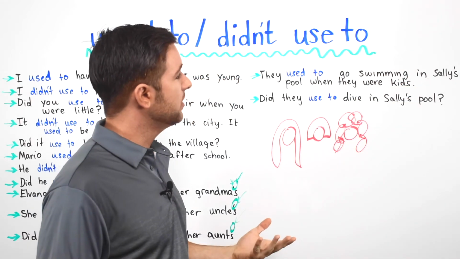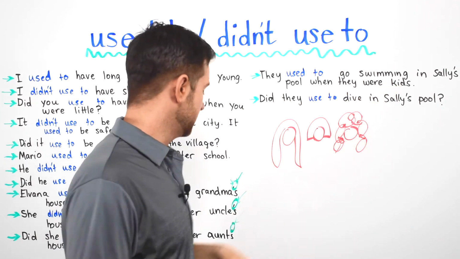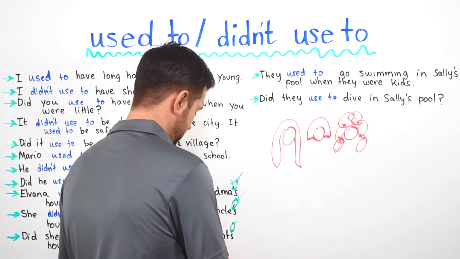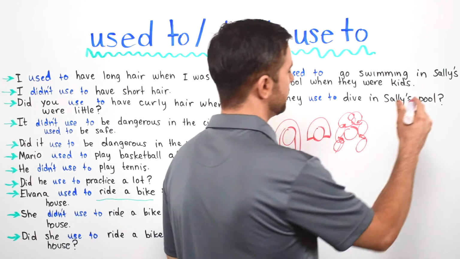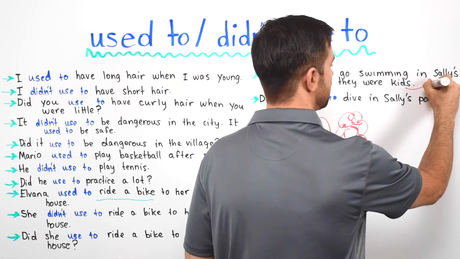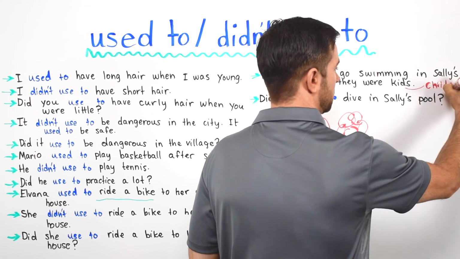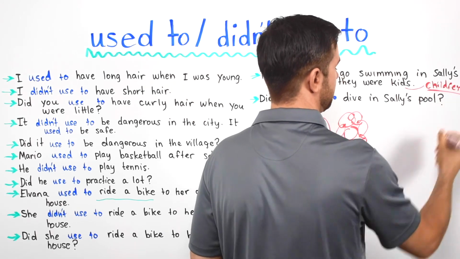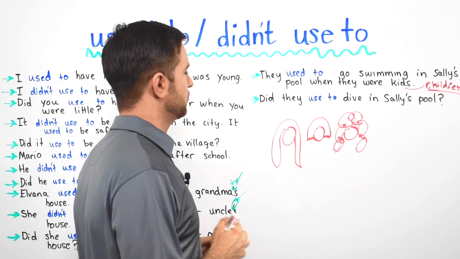There's another word that you can use besides kids. You could also say children. So if you don't want to say kids, you could say when they were children. And swimming is like when you go in water and you go swimming.